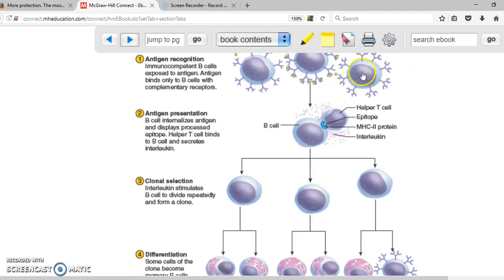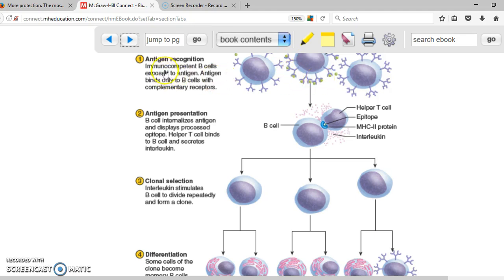So we have the antigens right here. The lymphocyte B is going to phagocytize these antigens, and then is going to process that, and then the epitopes of these antigens are going to be displayed right here in the major histocompatibility complex.